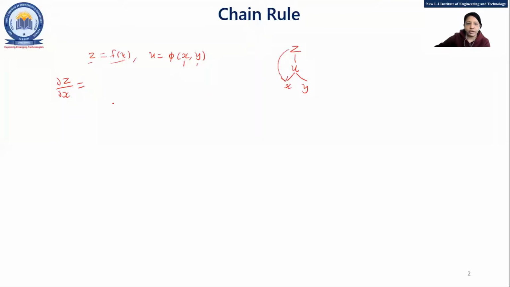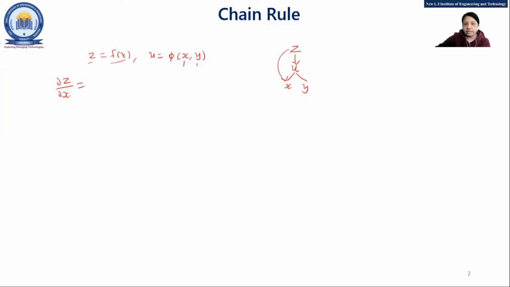That means if you want to find del z by del x, first you go from z to u and then u to x. So indirectly, z depends upon two variables, x and y. Now from the figure, z depends upon u.